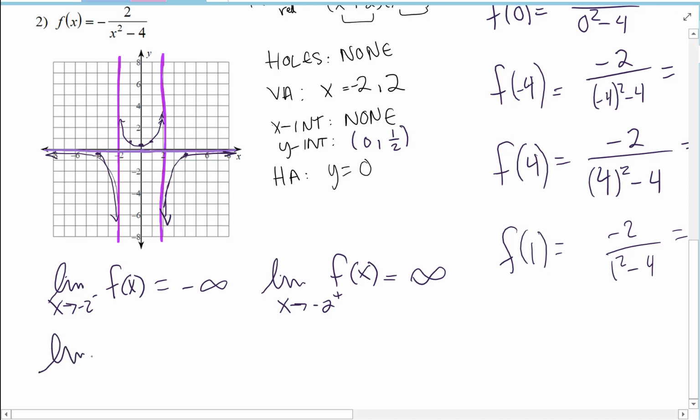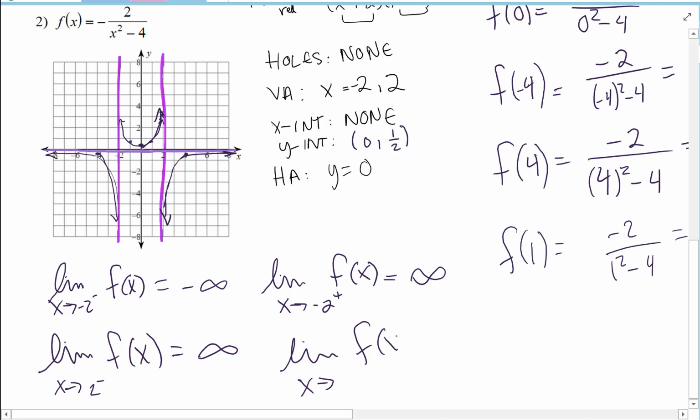The limit of f of x as we approach +2 from the left, we're going upward, so that's +infinity. And the limit of f of x as x approaches +2 from the right, we're going down toward -infinity.